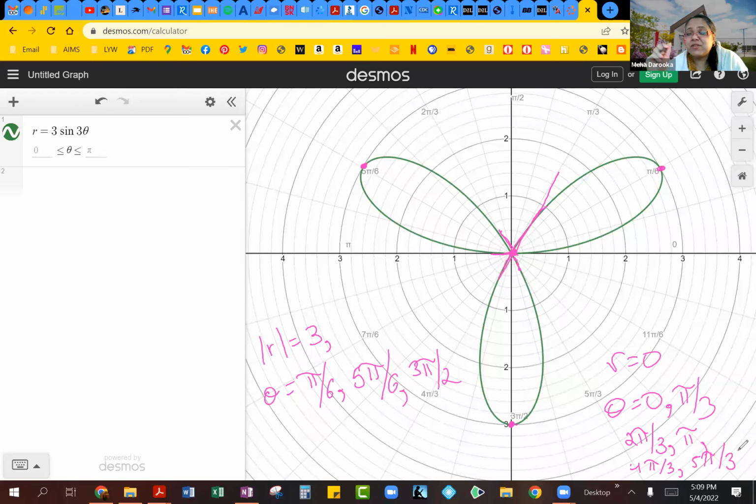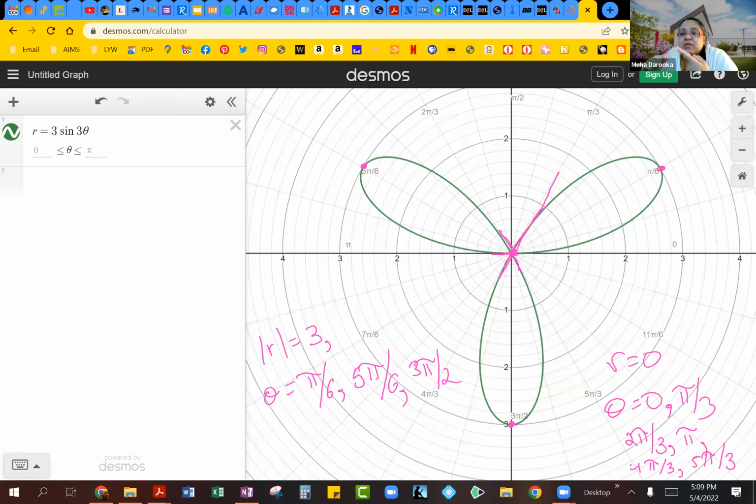So in this case, with the rose petal, you keep overlapping, trying to make those 3 petals, so you are going to get a lot of multiple places where that 0 value comes out. Additionally, each petal is also going to give you a maximum value because it has to go out that length that its maximum value is going to be. So if you have 3 petals, you will have 3 angles where you will get the maximum value. If you had 5 petals, then you would have 5 angles, which would give you the maximum value.